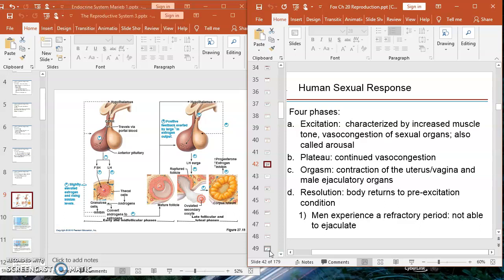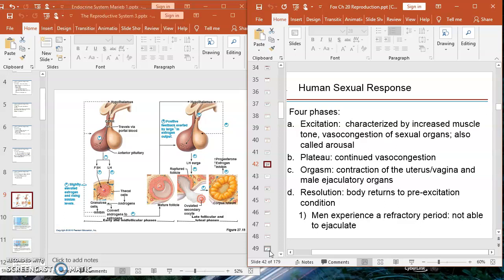The plateau will occur when the clitoris will start to be covered over and regress because of the engorgement of the labia minora, and also the nipples in the female will become, because of the whole engorgement of that, so they'll kind of decrease. They'll still be firm. Penis, of course, would get congested and an erection would occur.